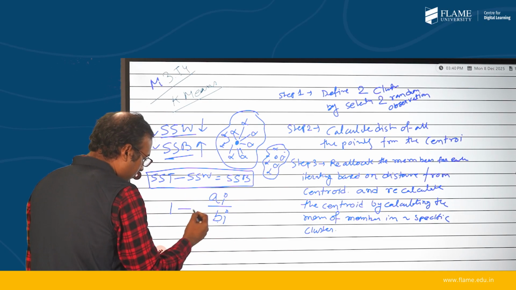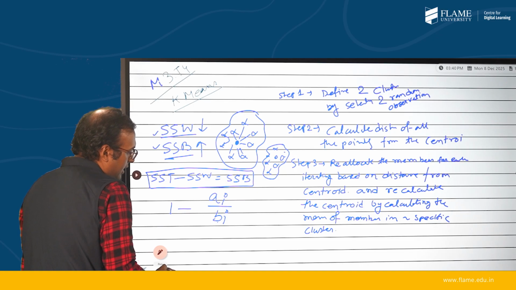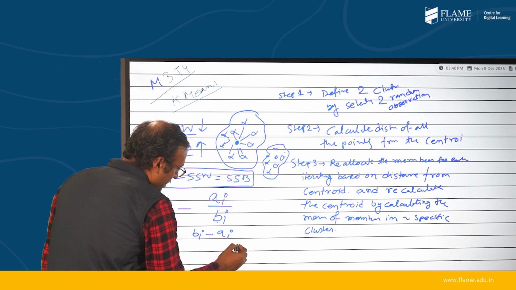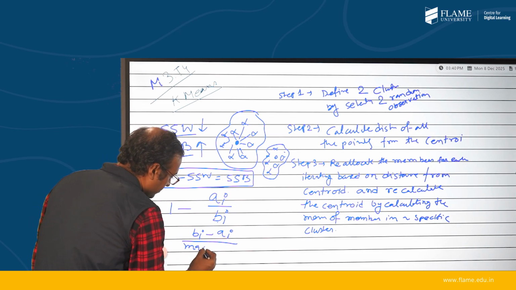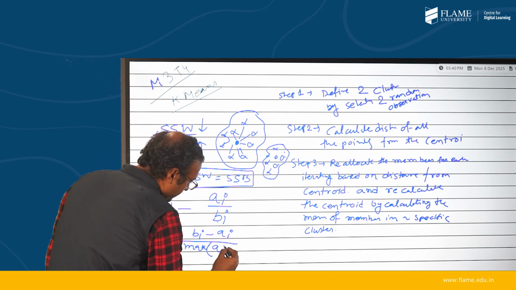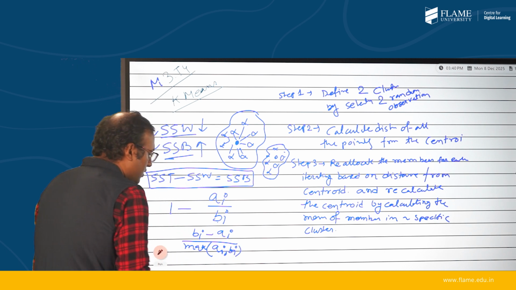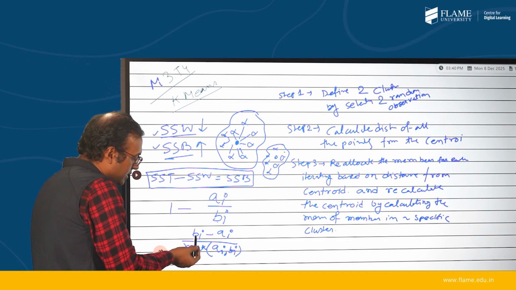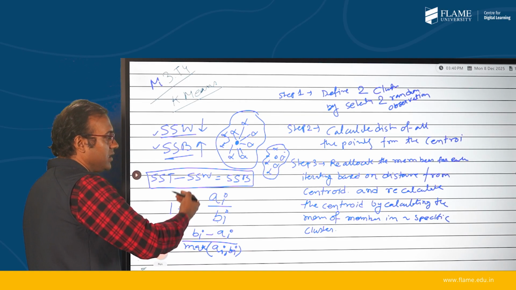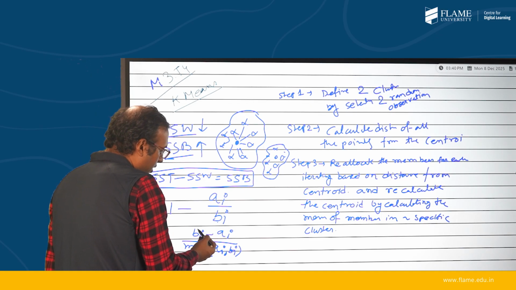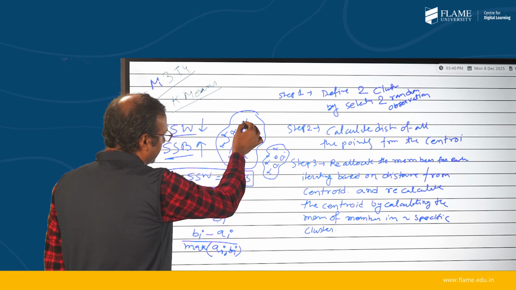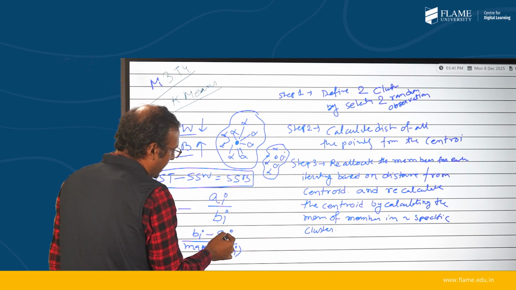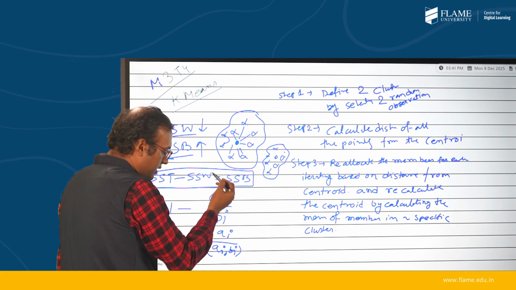Another thing is that the same formula can be represented as bi minus ai divided by max(ai, bi). Again, when you are considering a whole cluster, then bi is nothing but the average distance from the nearest cluster, that is, for all the points, how much distance they have from the other nearest cluster centroid, and ai is the average distance between all the points and their own centroid.